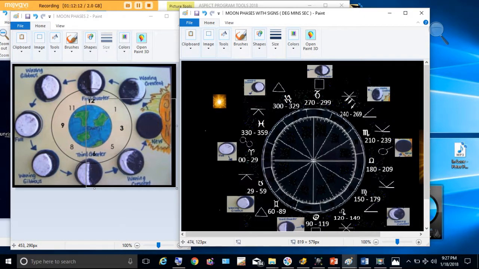And these interplay in your chart, because you'll have, what moon were you born under? First of all, that's a question. What moon were you born under? Was it one of these? Was it a full moon? Was it a new moon? Was it a waning crescent? Was it a waxing gibbous?